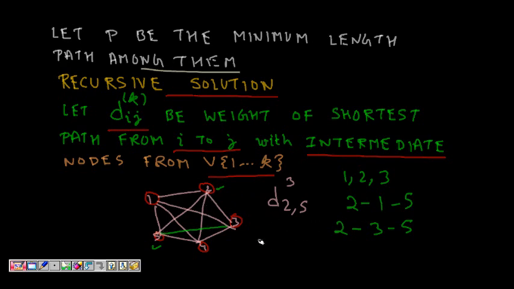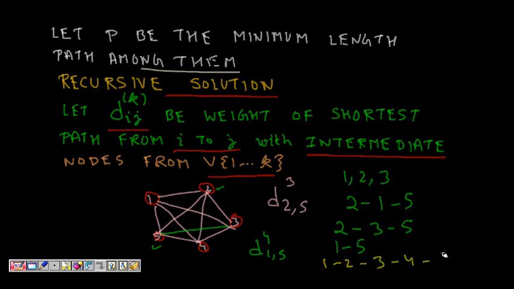Similarly, if it is D4, 1, 5, using 4, so nodes 1 to 4, I can directly have 1 to 5, so I will write all the possible solutions. Because I can use till 4 nodes, from 1 to 2 I can go 2 to 3, then 3 to 4 and then 5.